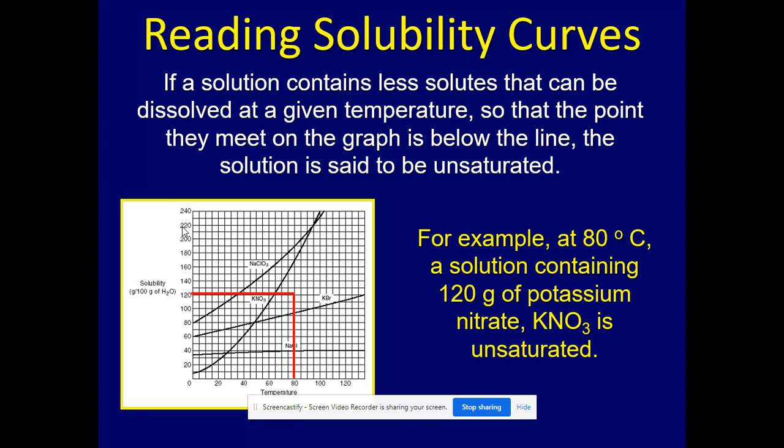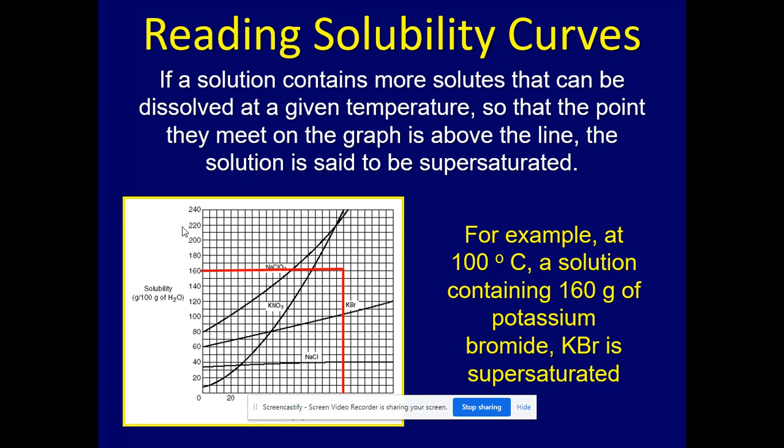For example, at 80 degrees Celsius, find the 80 degrees along the bottom, and if we're looking at 120 grams of potassium nitrate, the KNO3, look to see where that KNO3 line is, and where the point meets for the 80 degrees and the 120 grams. That is below the line for the potassium nitrate, KNO3. So that would be an unsaturated solution. If the point is under the line, it's unsaturated.